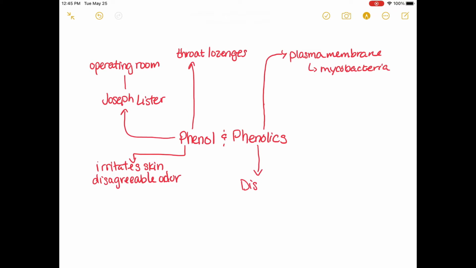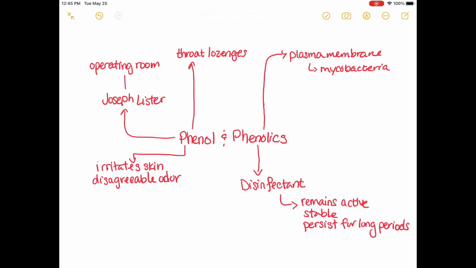Phenolics are good disinfectants as they remain active and stable, and after application, they persist for long periods of time. They disinfect pus, saliva, and feces.